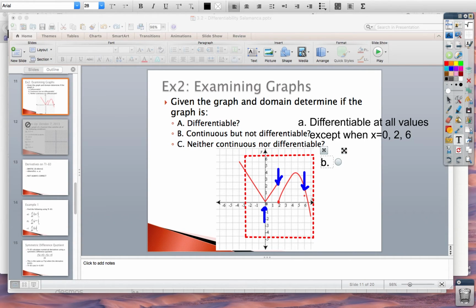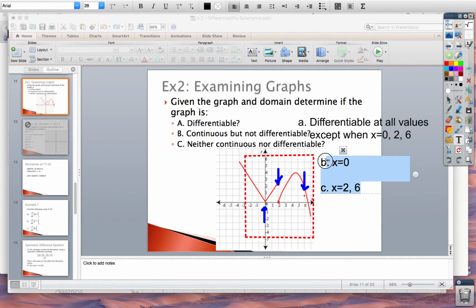It's basically just x equals 0, because at x equals 0 it is continuous, but it's not differentiable again because it's a corner. If we look at part C, neither continuous nor differentiable, then your answer would be x equals 2 and 6.